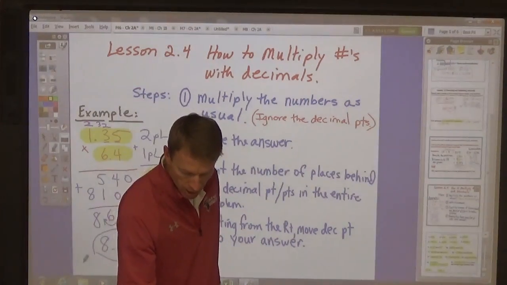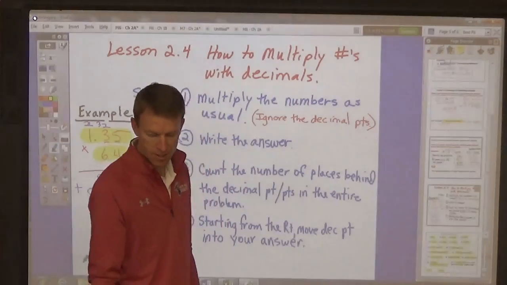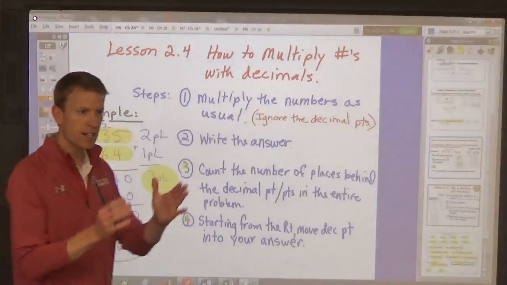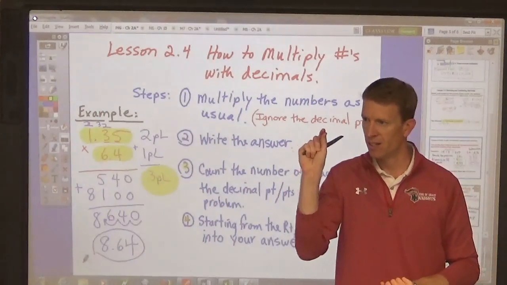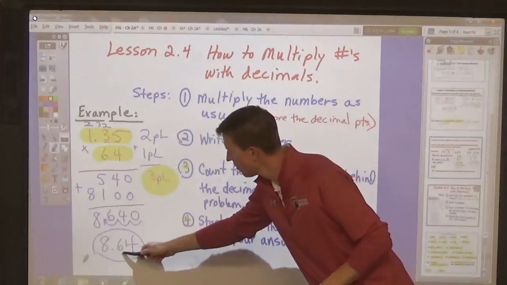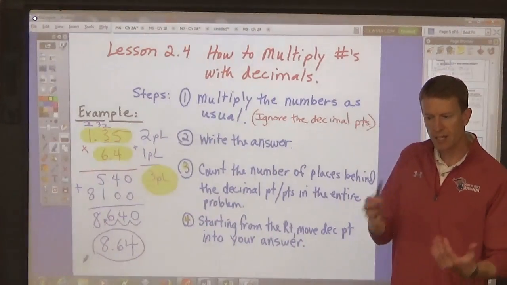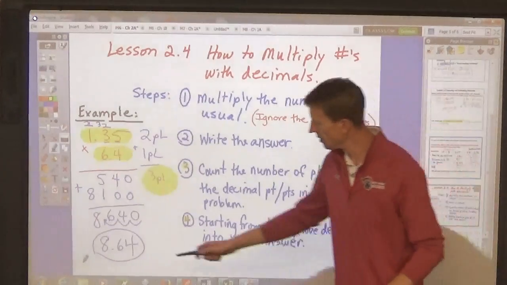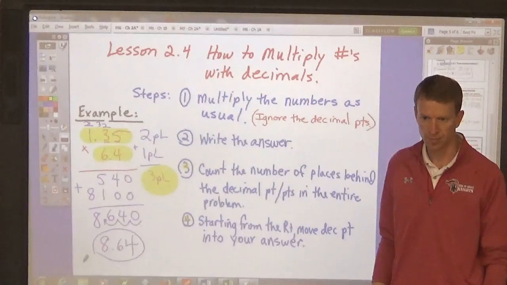In your book, it shows a model of hundredths. That model is a block with tiny little squares. It's the number of squares out of 100, so it's less than a whole. It's 64 out of 100 that are shaded in.